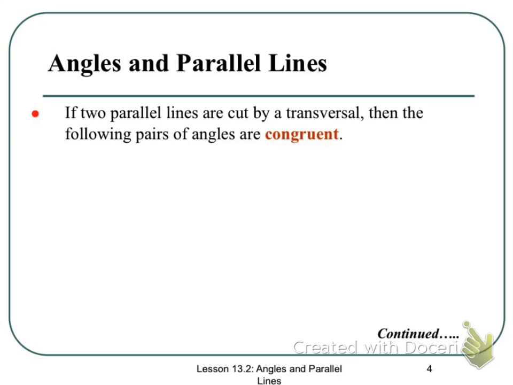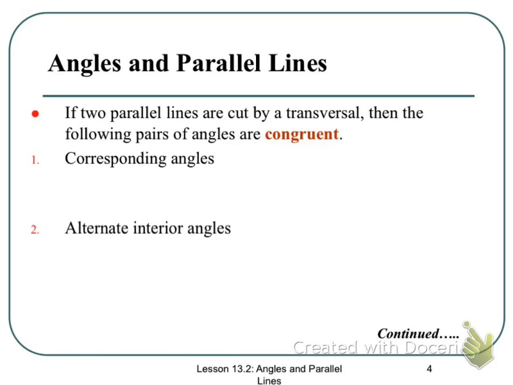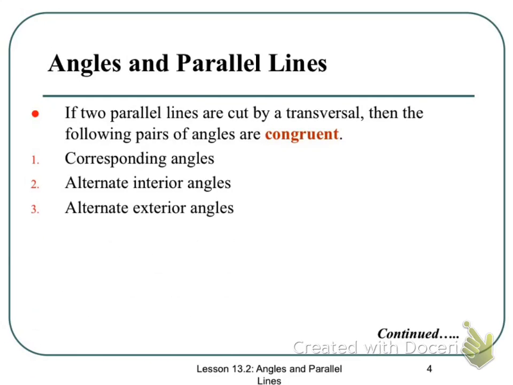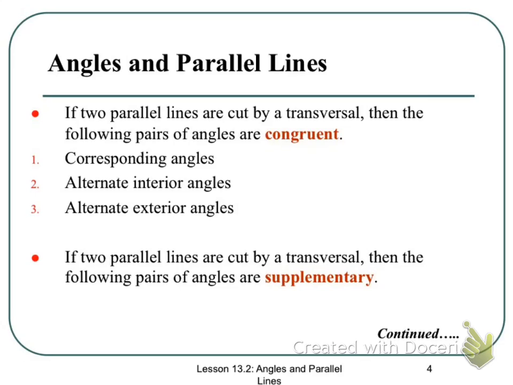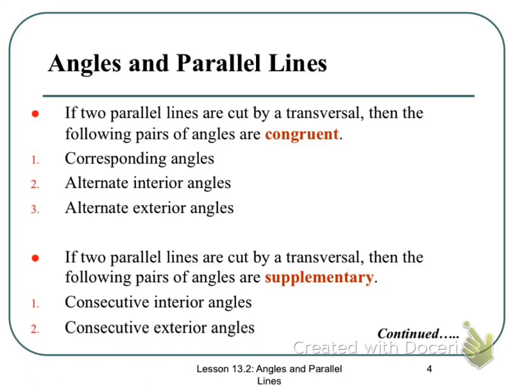So if you have parallel lines cut by a transversal, then you have congruent angles in your corresponding angles, alternate interior, and alternate exterior. If two parallel lines are cut by a transversal, then the following pairs are supplementary: the consecutive interior and consecutive exterior. And we're going to learn about all those placements and how to calculate.